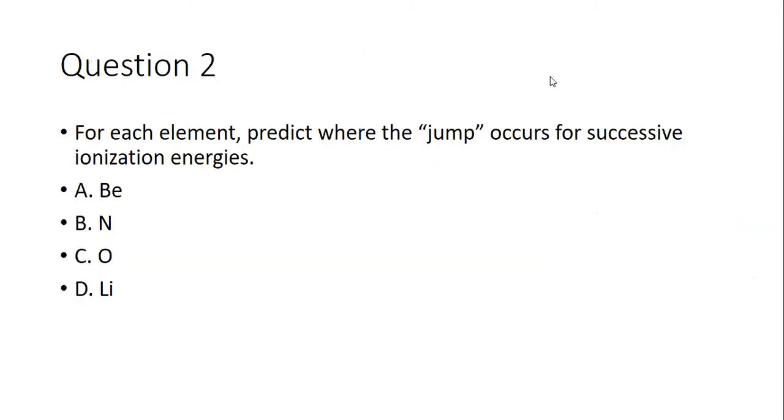So what I want you to tell me is where that big energy jump happens for each of these elements, right? And the easiest way to do this is to write down the electron configuration. So I'm going to do that for beryllium. Beryllium has the electron configuration of 1s2, 2s2, right? And so it has 2 valence electrons.